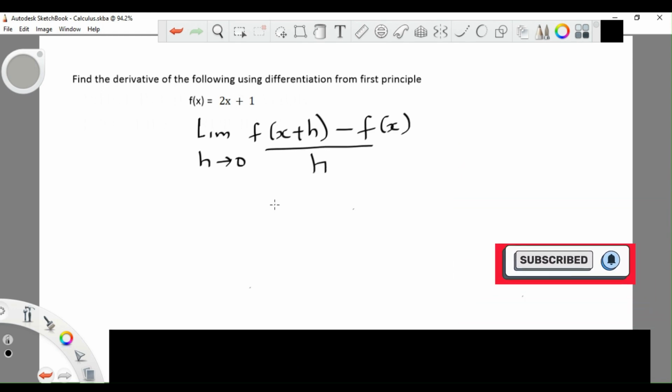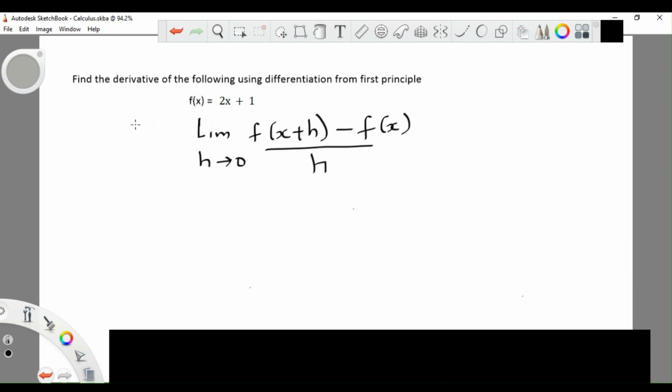All right. So remember again, what you have right here should be f of x equal to. So this is our given function. And please remember that we have 2x plus 1, 2x is the same as saying 2, open brackets, x.